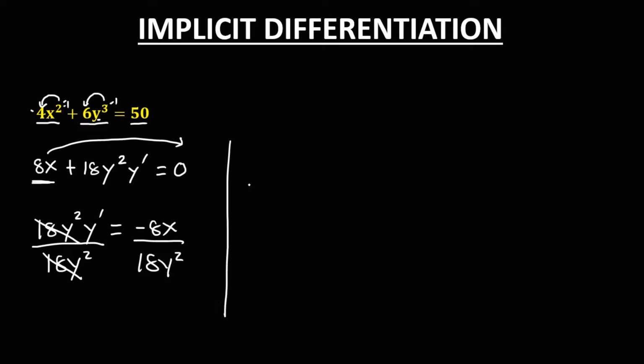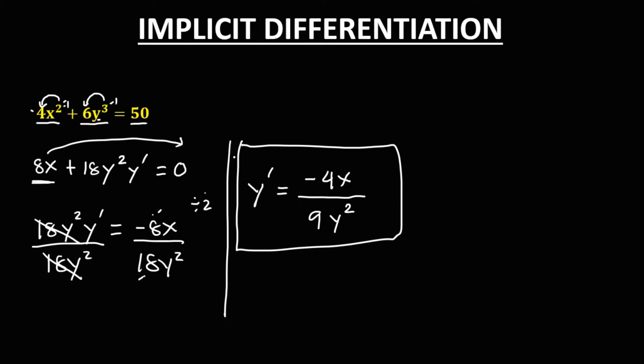So therefore, y prime is equal to, since 8 and 18 are divisible by 2, this 8 divided by 2 is negative 4, then x over 18 divided by 2, that's 9, then y to the power 2. So this is now the derivative.